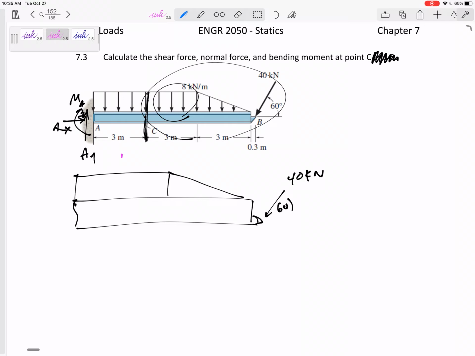All right, so this is going to be 24 kilonewtons, 1.5 and 1.5. And then this one is going to be 1/2 base times height, 12 kilonewtons, 1 from there, 2 from there. And then this is 0.3 from there.